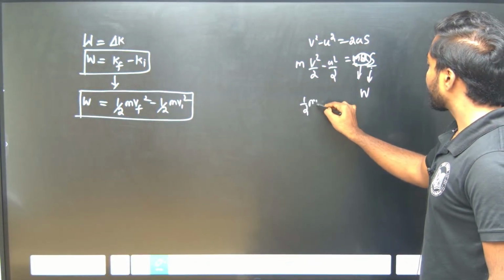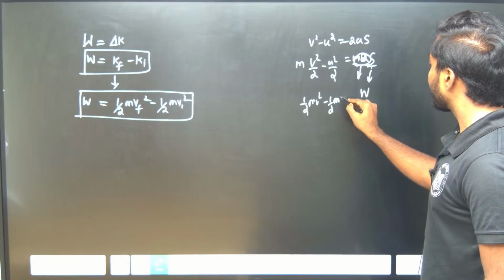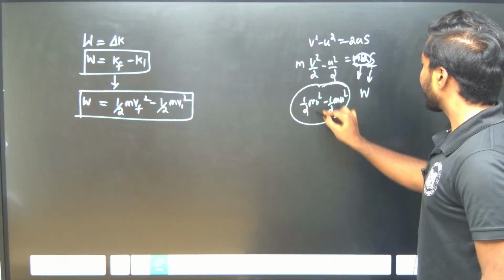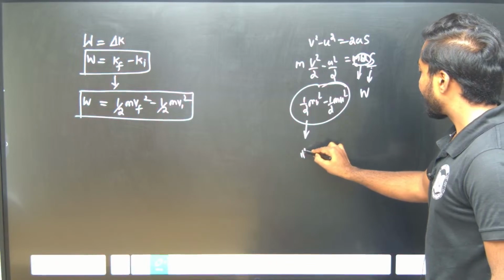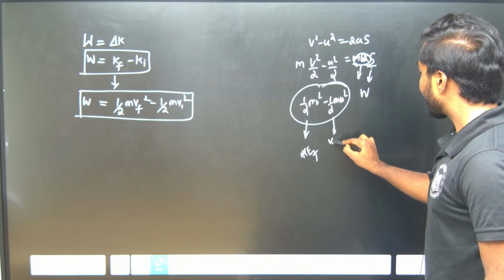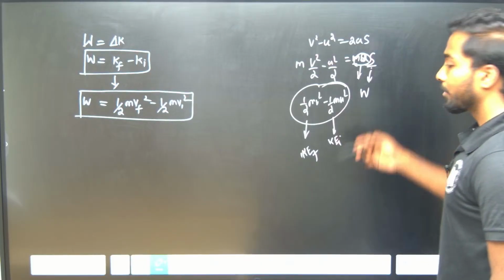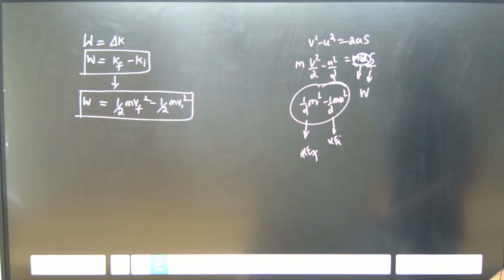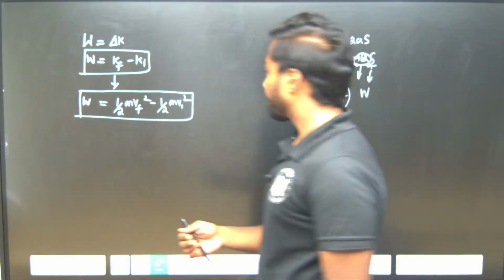So mass into acceleration is force, force into displacement is work. So this is 1 by 2 mv square minus 1 by 2 m u square: kinetic energy final and kinetic energy initial. So work done will be nothing but change in kinetic energy.